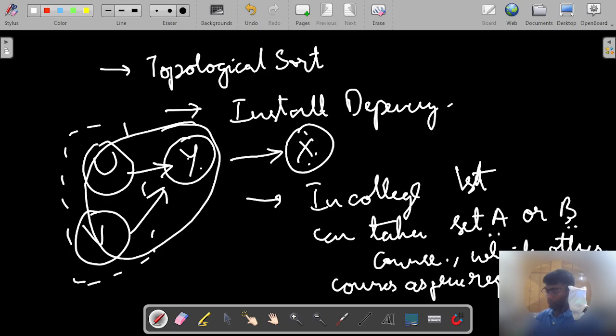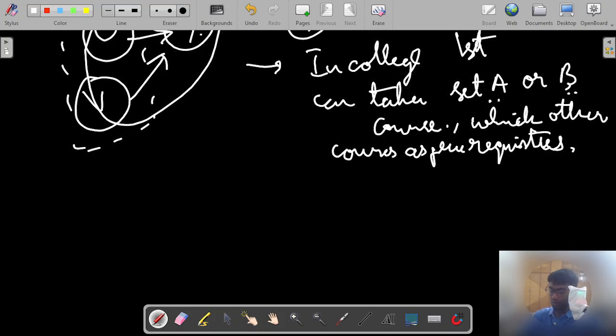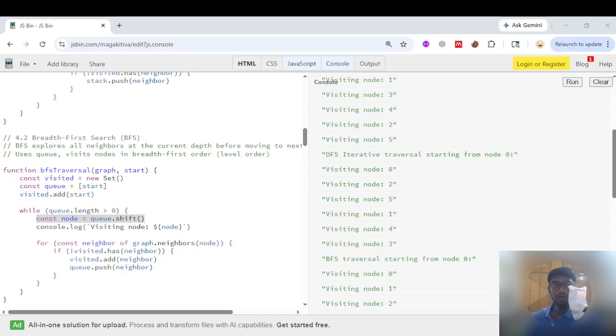Let's switch to JSPin, but so far we understand topological sort is like a dependency which requires nodes to be traversed one after another, just like a neighboring node which gets traversed with DFS, right?